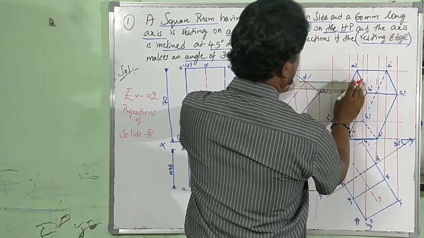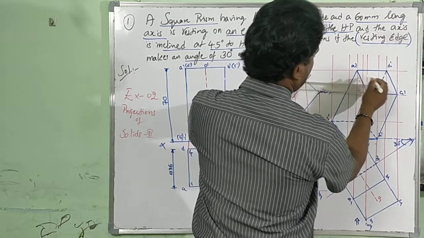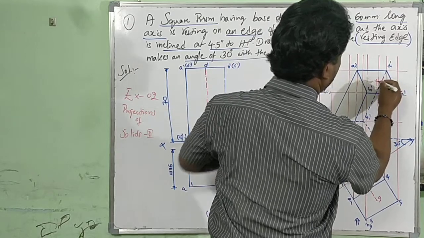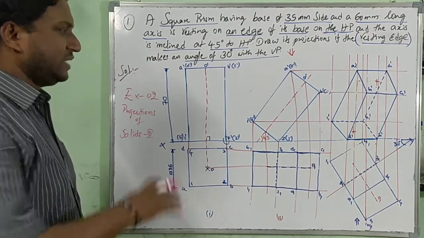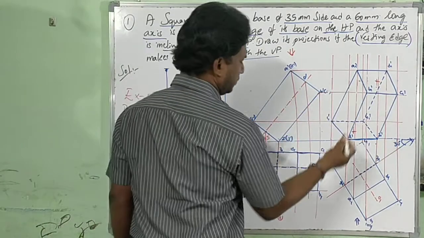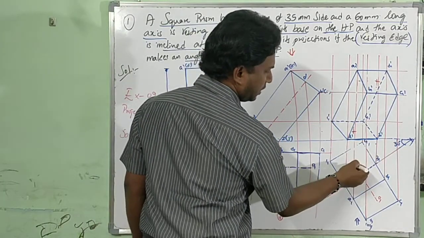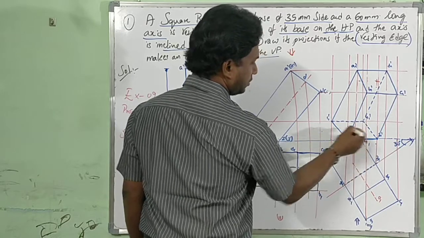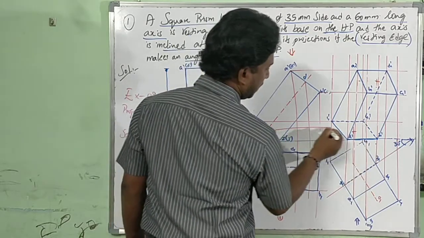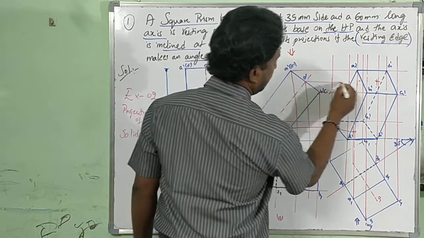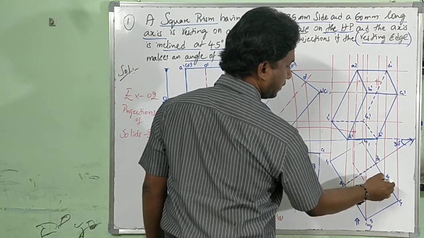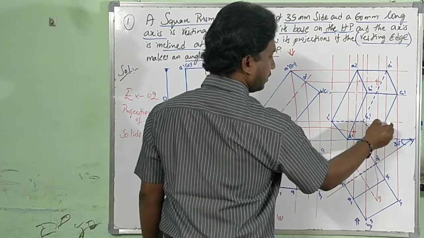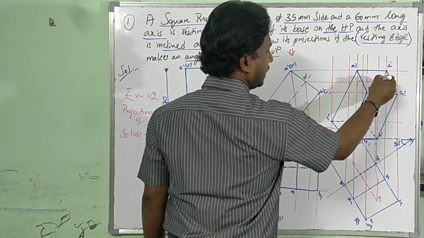From O dash. See, I am not drawing projectors again because once the answer is done, you can draw projectors for me, no problem. See, from here just a small line, from here just a small line, from here a horizontal line, from here, you have already done with the answer.